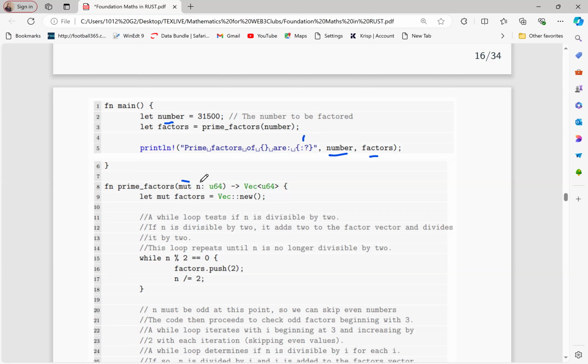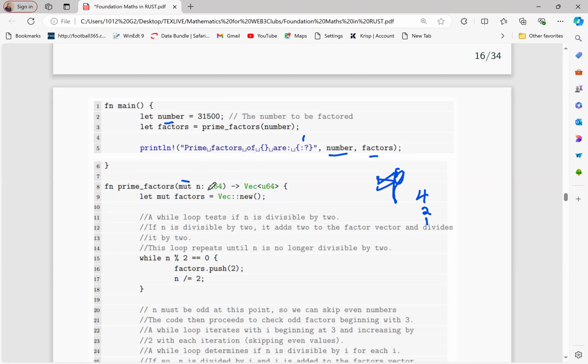For instance, if you input 8, at some point it becomes 4, then 2, then 1. That's what I mean by mutable. The number will be changing. It's not static.